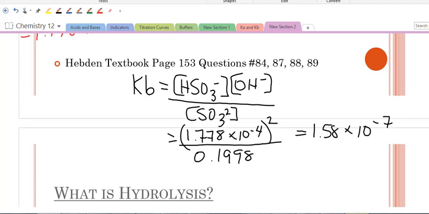And of course there's no units for Kb, and since the pH only had 2 significant figures, this would be 1.6 times 10 to the negative 7.